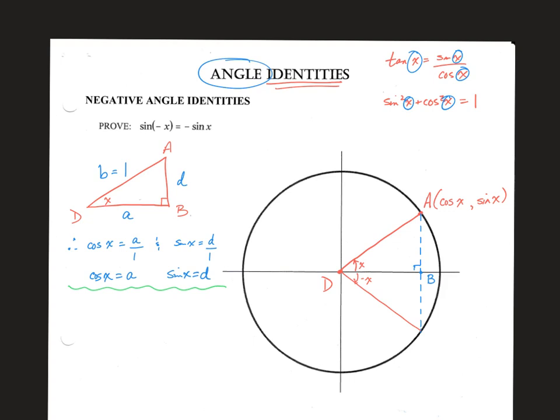Okay, if that's the case, then I can label this point as point C, and we should be able to label the coordinates of that. For me to get to point C, I would have to go across cos X units, but I would have to go down sine X units. And so my y-coordinate is negative sine X. Now, being able to walk through that allows me to work my way through that proof. So I'm just going to shrink this down a little bit.